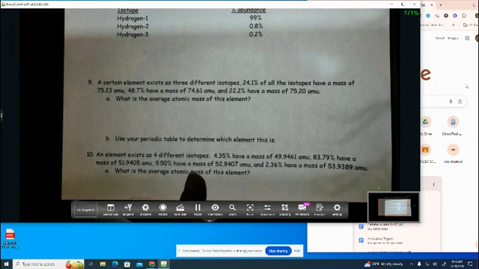Alright. I want you to do number 10 down at the bottom. The reason I'm picking number 10 is because they got some ugly numbers down here, and I just want to make sure you understand. These are the actual atomic mass units. So I'm going to take a picture of it.